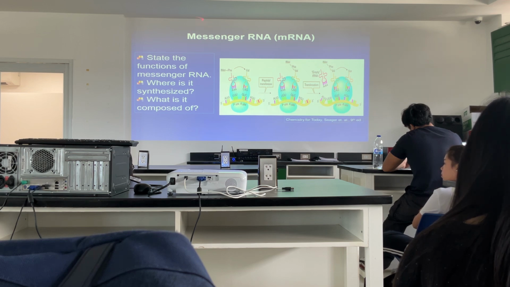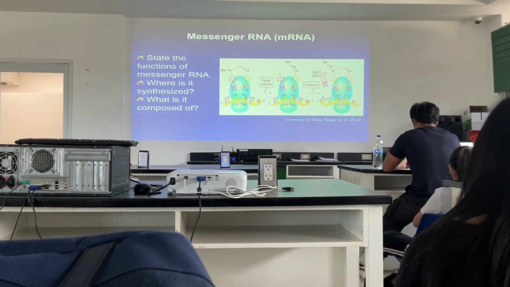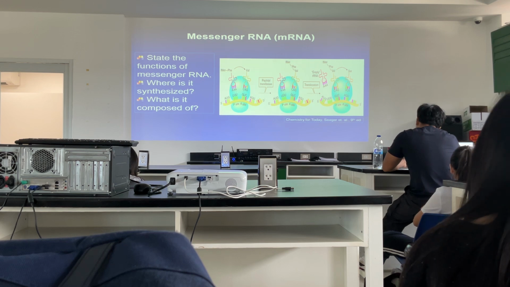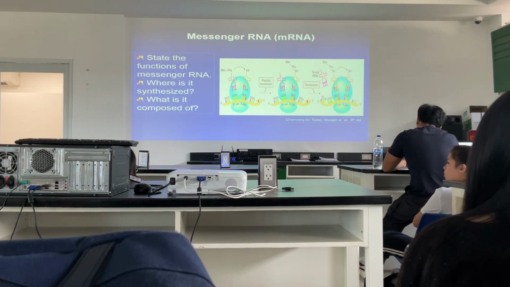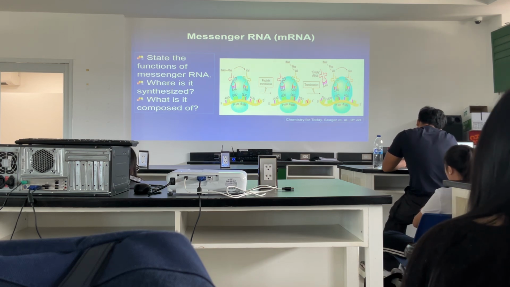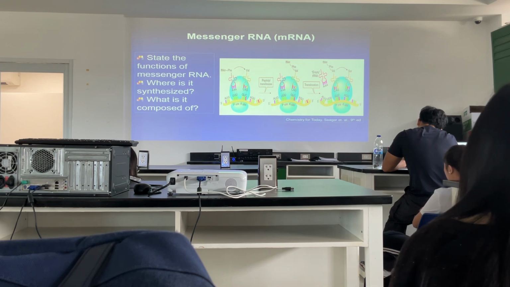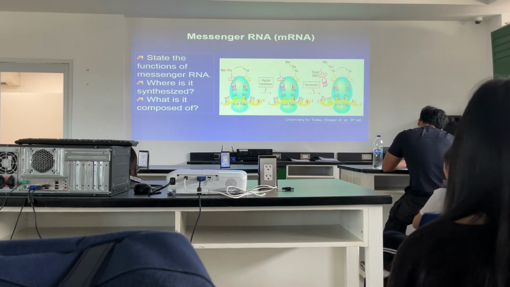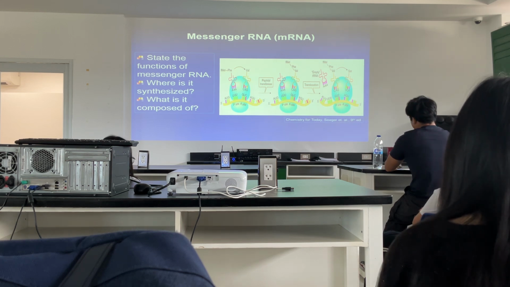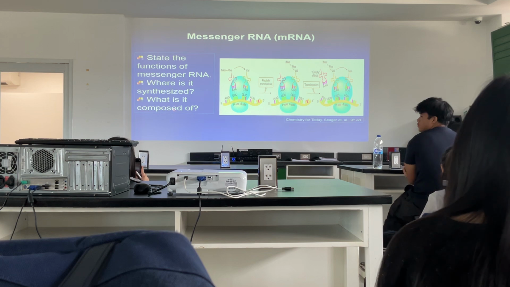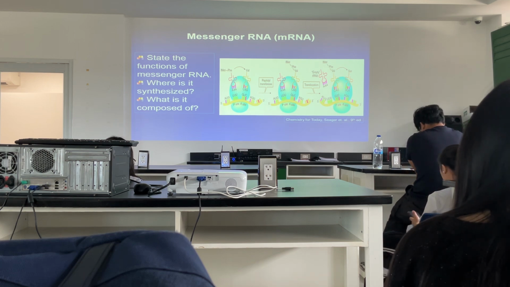It will be synthesized in the nucleus, and it will now dictate the synthesis of proteins in the ribosome. All types of proteins, whether hemoglobin, enzymes, or transport proteins like albumin and so on, are dictated by mRNA. So again, it is composed of nucleotides.